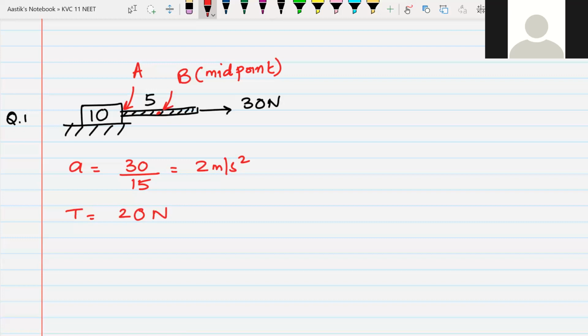Tension at the middle point. Tension at the middle point.